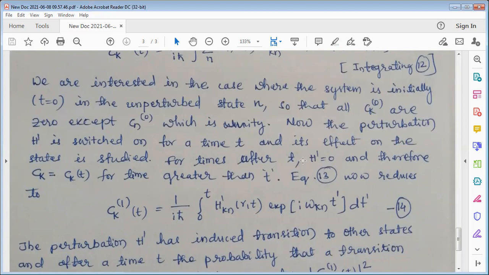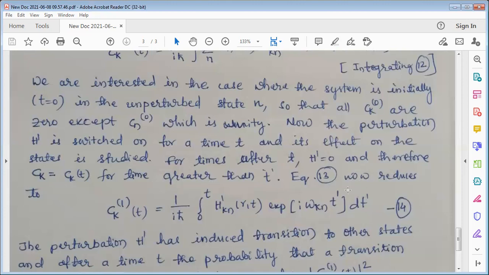That means this perturbation will be on the system only for some time, that is 0 to t. And when time is equal to 0, no perturbation, and when the time is after t, then also no perturbation. So H dash is 0, and therefore this is limited to 0 to t only.